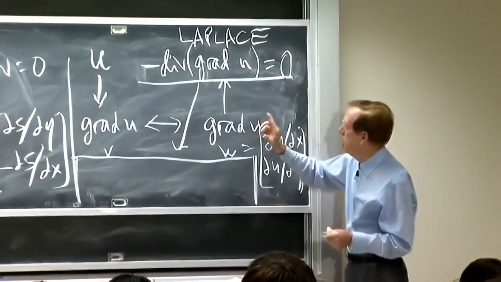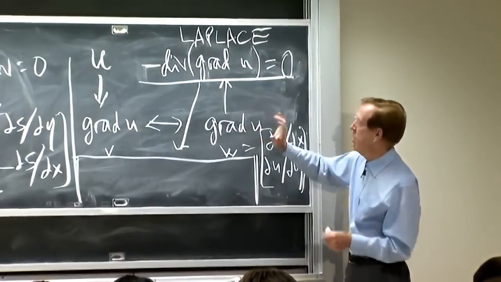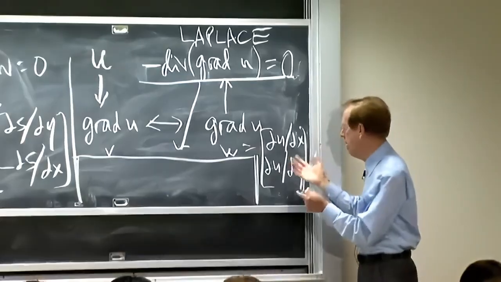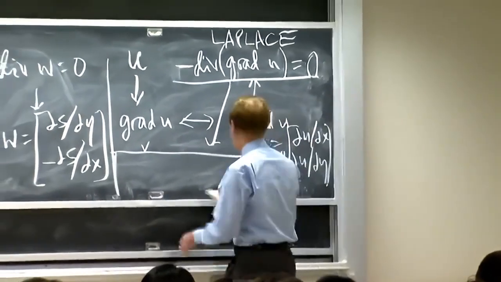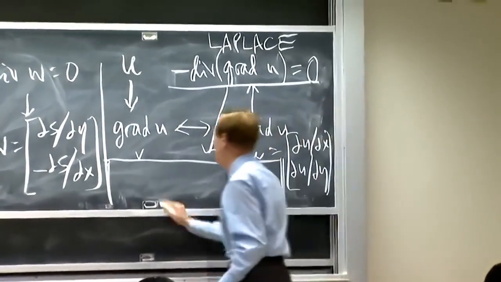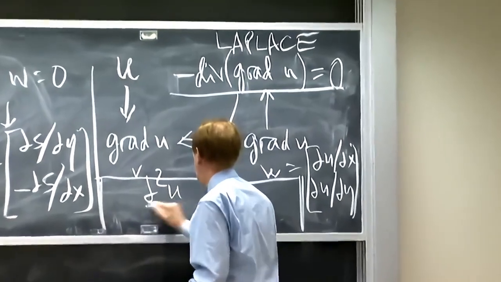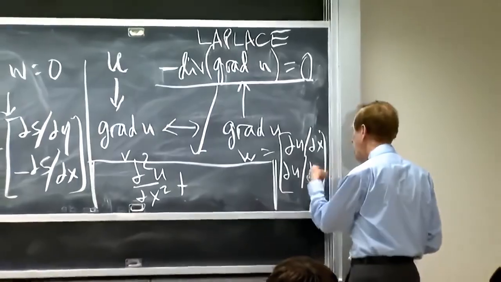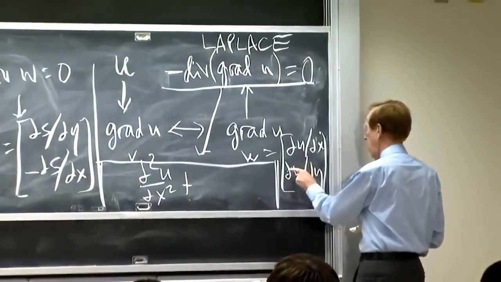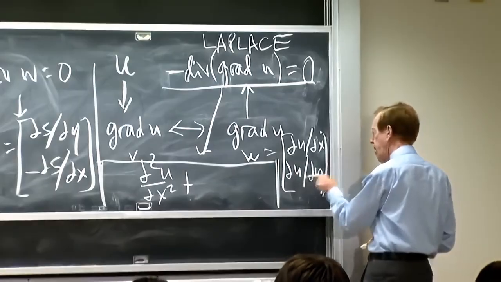So, but let me say it again. The divergence applies to a vector. I've got a vector. I take the x derivative of the first component, of W1. So that'll give me d second u dx squared. And I take the y derivative of the second component.